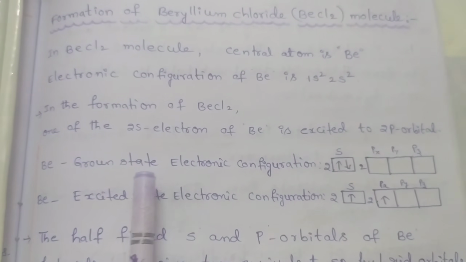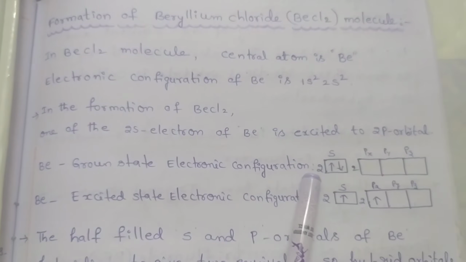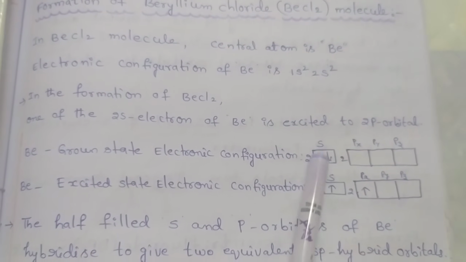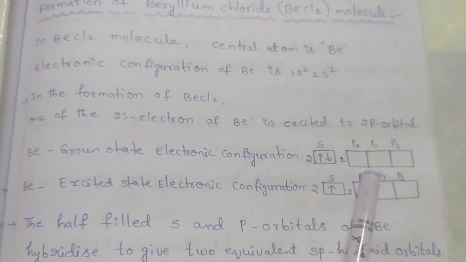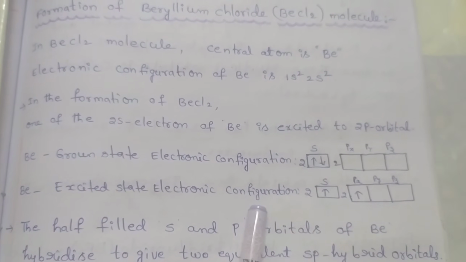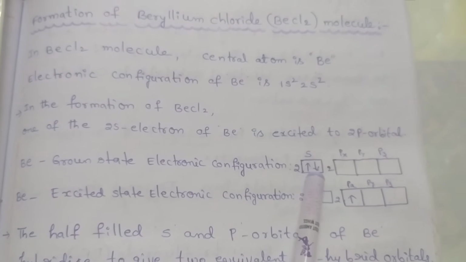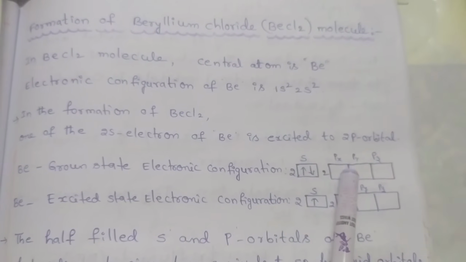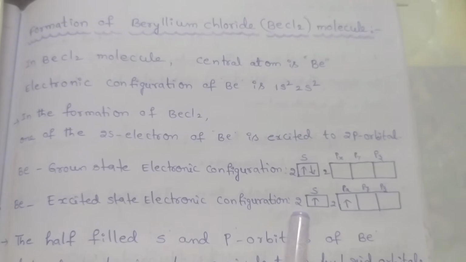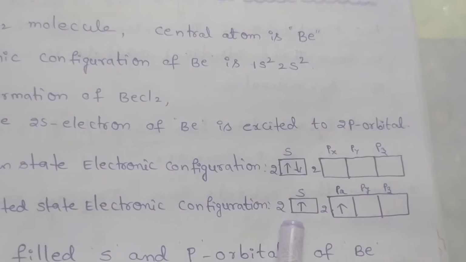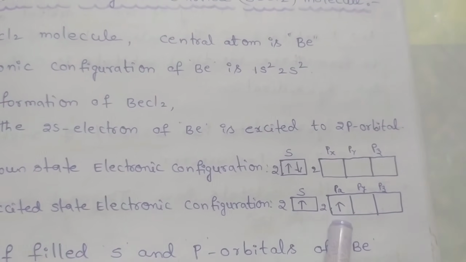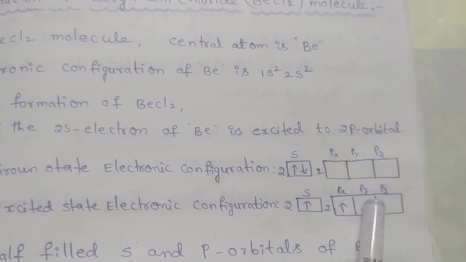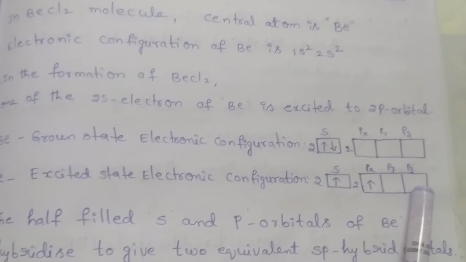That means the ground state electronic configuration of beryllium is 2s2 according to the box model. In the excited state, one of the 2s electrons is shifted to the px orbital. So, the excited state electronic configuration of beryllium can be written as 2s1 and 2px1, 2py0 and 2pz0.